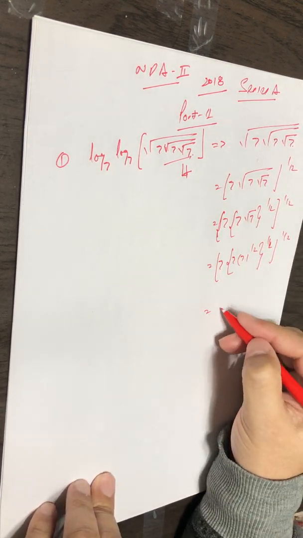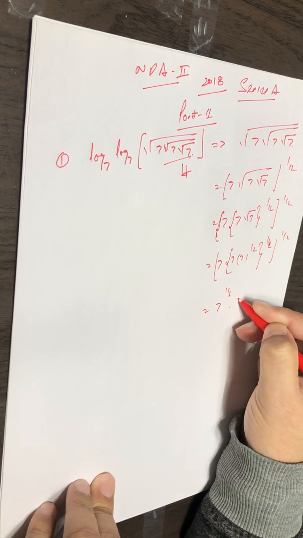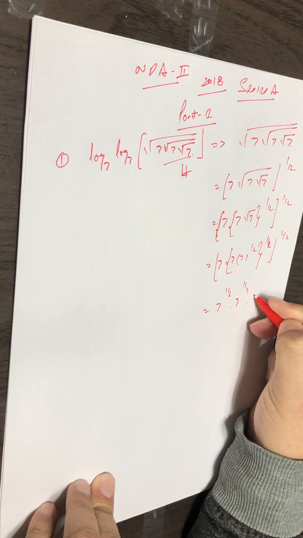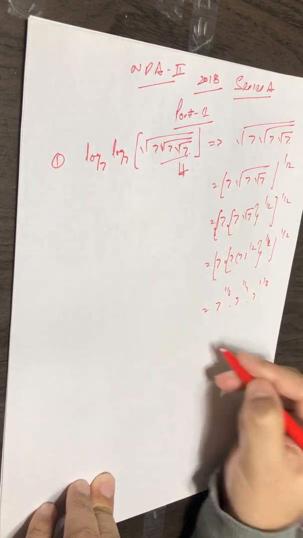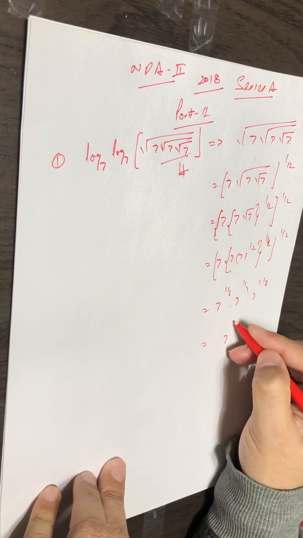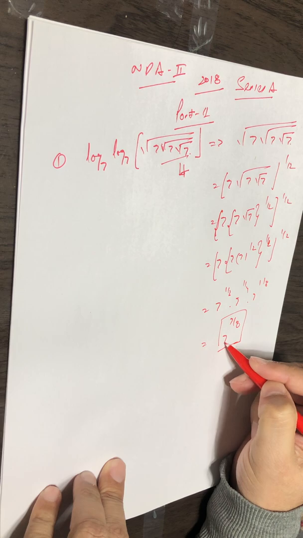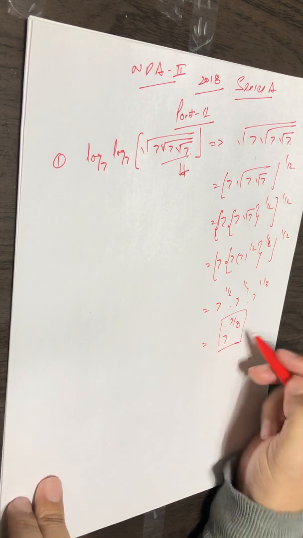So if you open this, it will come as 7 1 by 2, 7 1 by 4, and 7 1 by 8. Bases are the same, powers are going to add. So finally this part will be 7 raised to power 7 by 8.